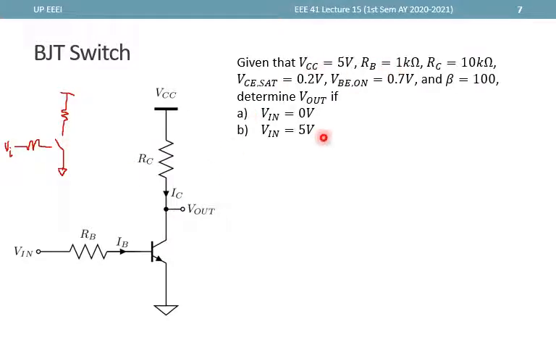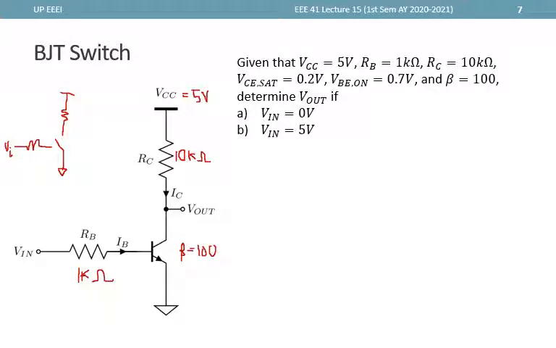So let's consider first the given. First, we have a VCC of 5 volts, then RB of 1 kilo ohm, RC of 10 kilo ohms, and then VCE sat, which is the normal value for silicon, 0.2, VBE on 0.7, beta is equal to 100.